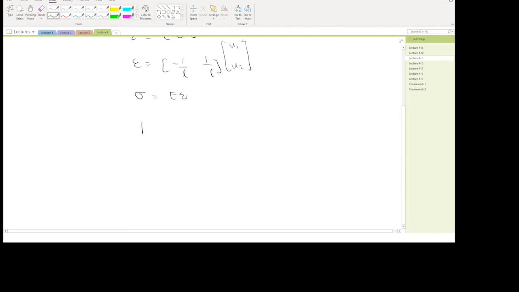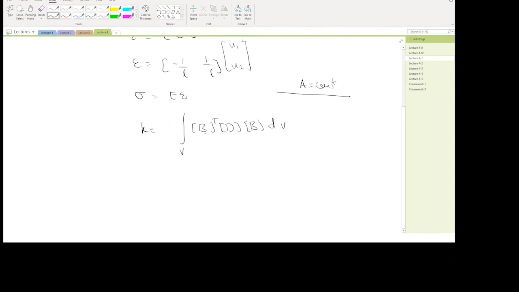If you remember, the stiffness matrix was equal to the integral over the volume of the B matrix transpose multiplied by the D matrix, multiplied by the B matrix. Since we've done this a while back, I'm just going to write the whole thing. We said that we are talking about a line, and the cross-section of this line is constant.